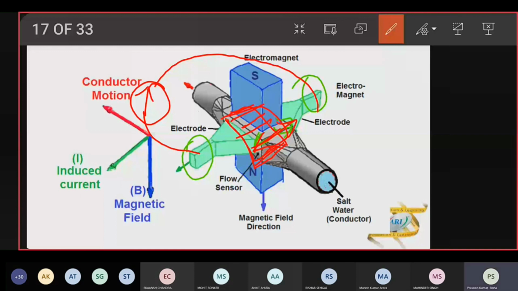This current which is being generated will be zero if the water flow is zero, a little bit more if there is slow flow of water. It will be further more if the water flows more.